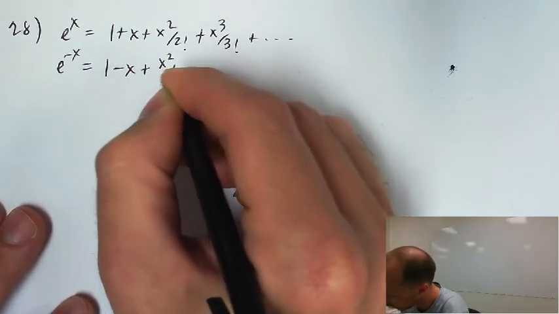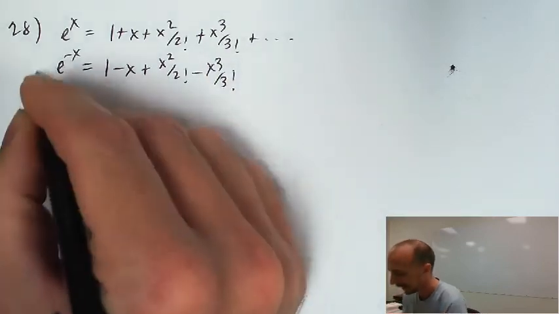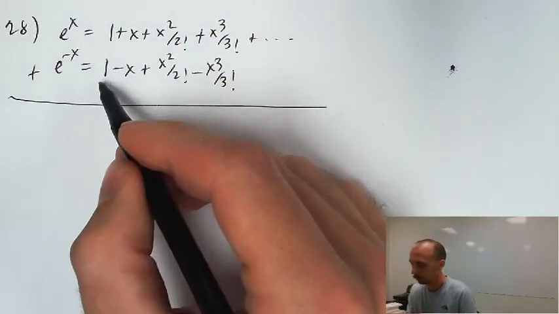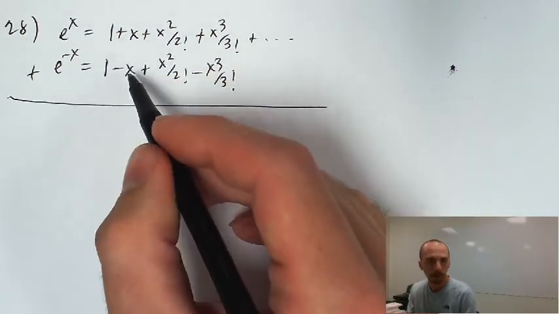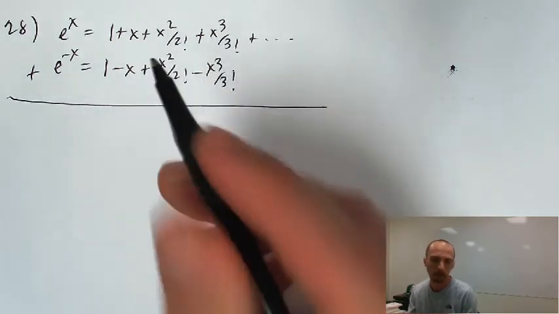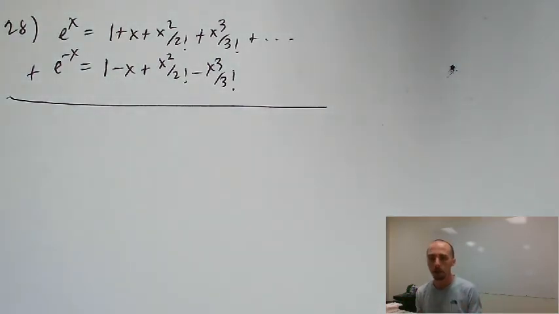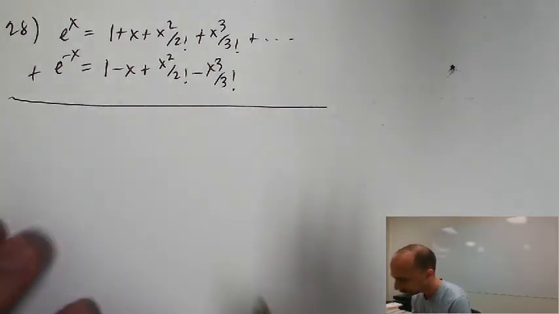But when I take that to an even power, it will just go back to positive. If I add these together, I'm going to get 2, no x's, 2x squared over 2 factorial, no x to the third, and then when I divide by 2, those 2's are going to go away. So I need to see no odd power terms, and everything else being positive. So that's going to be answer choice A.